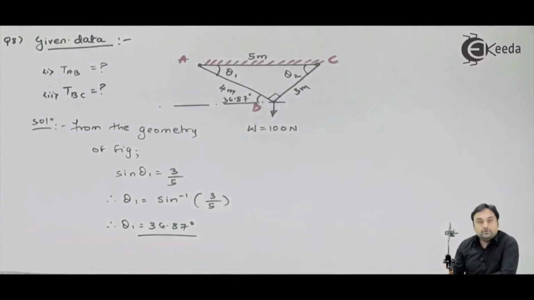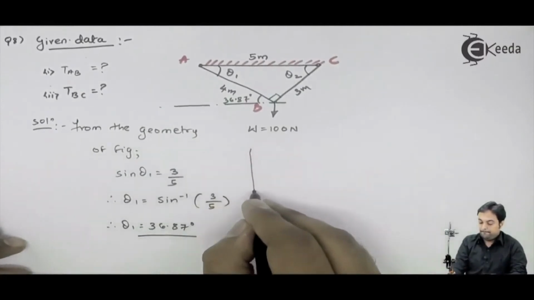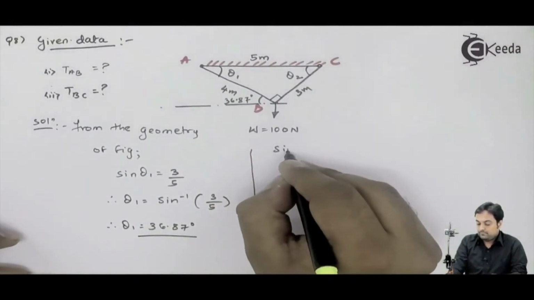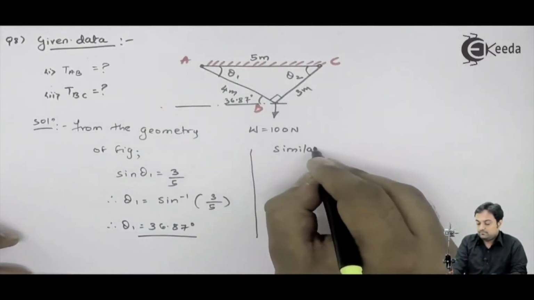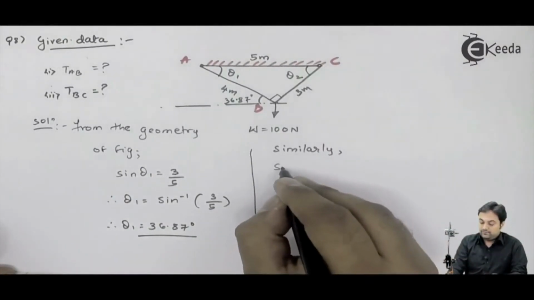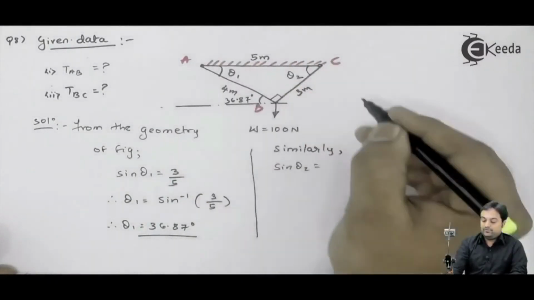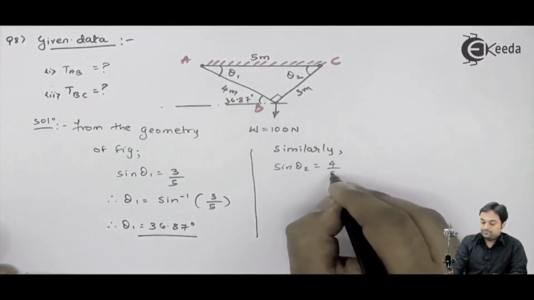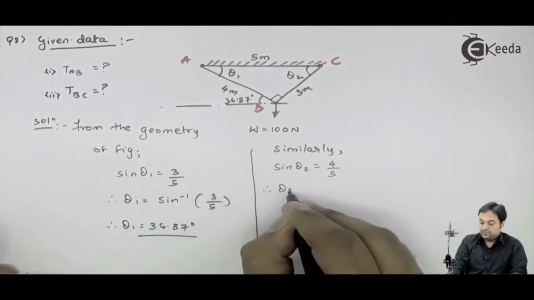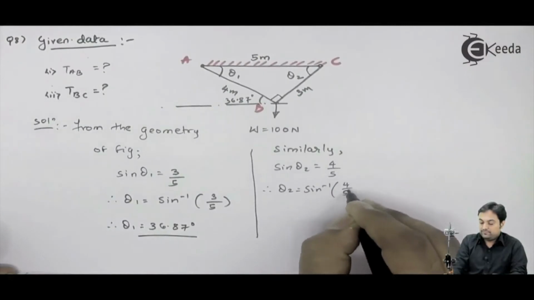Now comes the turn for theta 2. Similarly, sine of theta 2 will be equal to 4 upon 5. Therefore, theta 2 is equal to sine inverse of 4 by 5.